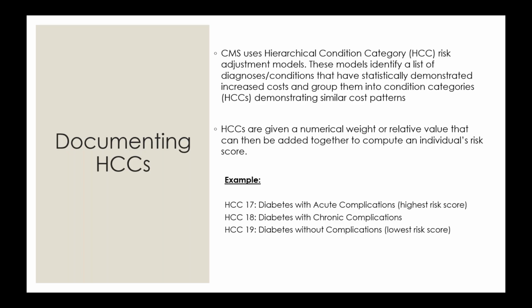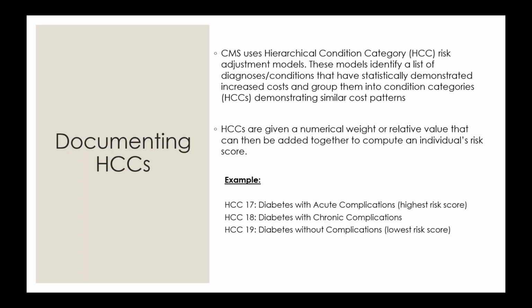Say for your diabetic patients, you have your regular E11.9, the unspecified diabetes. And then you have your diabetic patients with complications or with acute complications. All of those are within that category. And so they are grouped because they are all demonstrating similar cost patterns. They're all within that HCC grouping or category.